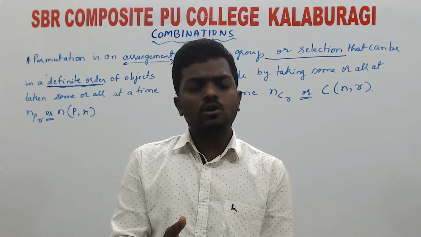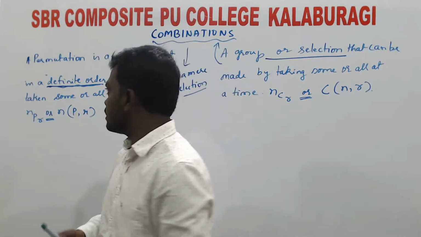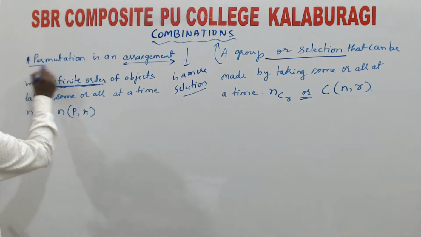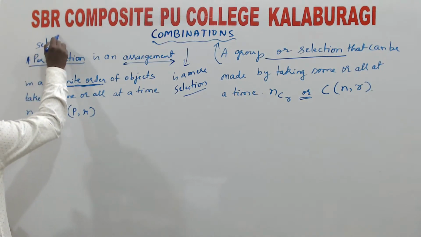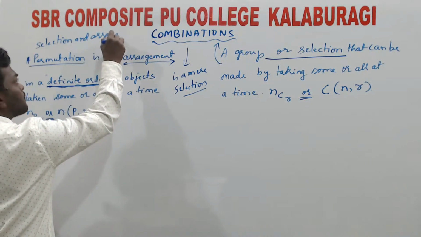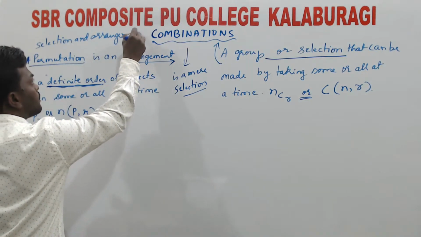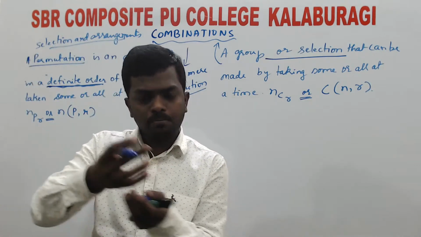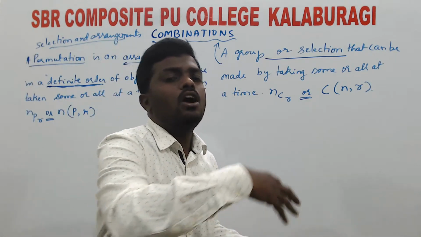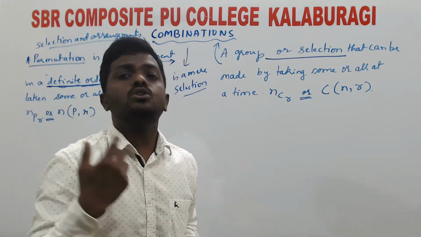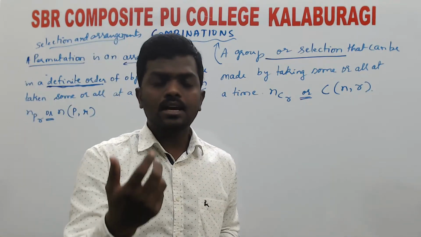Permutation is selection and arrangement. If you have to select r things out of n things, you select them and arrange those r things. Is that clear?